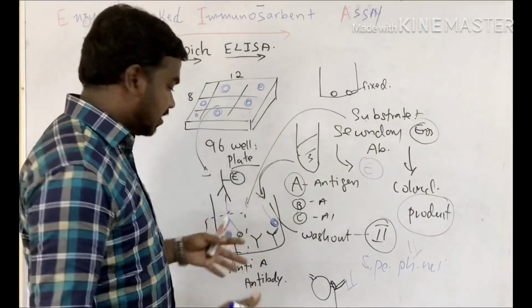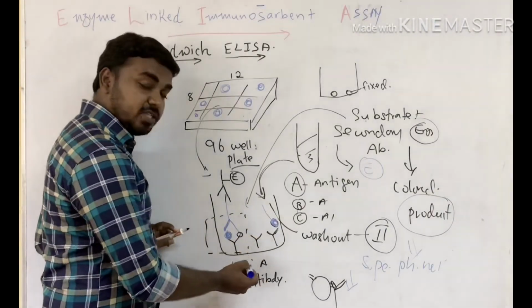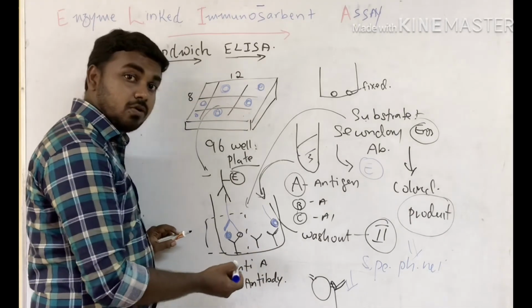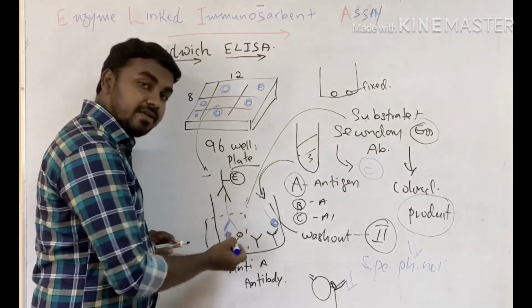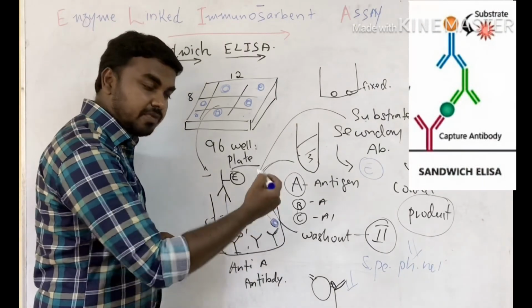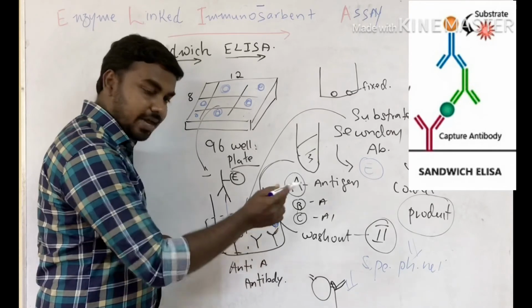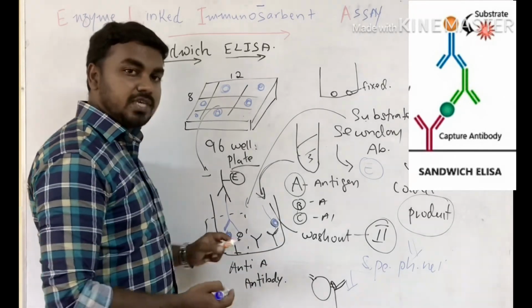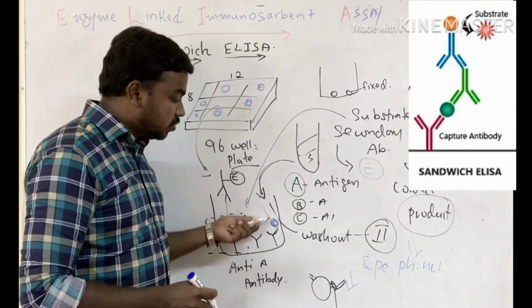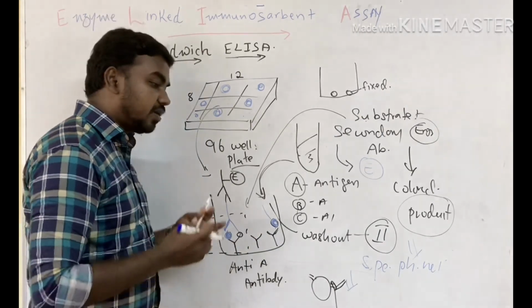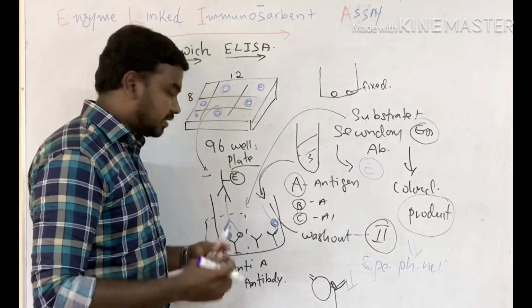Again, I want to summarize. In the 96-well plate, the antibodies will be coated by using coating buffer. Once we add the antigen of interest from the serum sample, it will attach to this antibody. Again we use the targeting antibody to attach to this antigen to make sure of a good quality result.